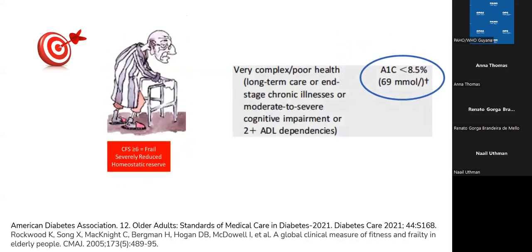If a patient is frail, the only objective here is to avoid diabetes-related symptoms and metabolic complications. So be very careful, because in this clinical scenario, hypoglycemia may be a huge problem, a greater problem than diabetes itself.